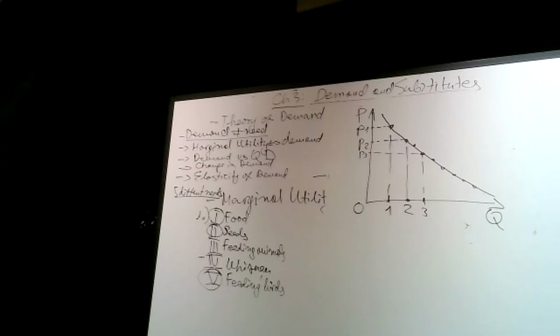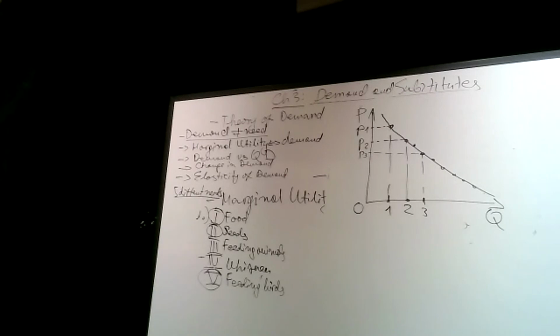What's this mathematical function here? Inverse. Yeah, the relationship, that's a good observation. The relationship between the price and quantity, between the value and quantity, is inverse, of course. The higher the quantity available to you, the lower the marginal value, the lower the price.